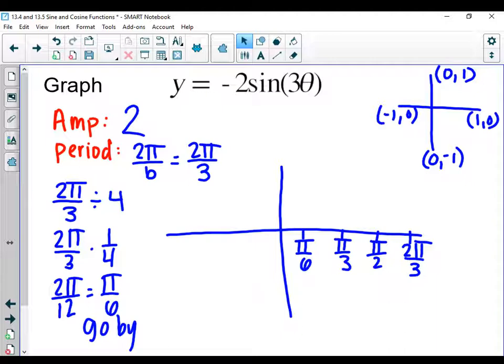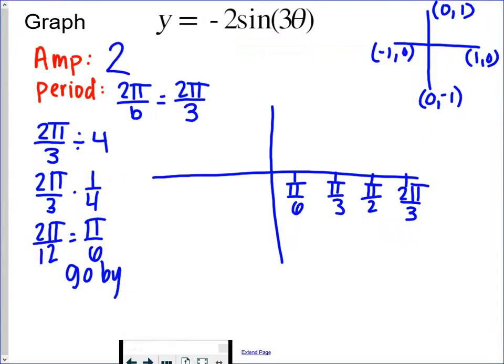All right, so I'm going to show you how this works by starting with 0 over there. I'm going to look at my original equation. -2 sine of 3 times 0.